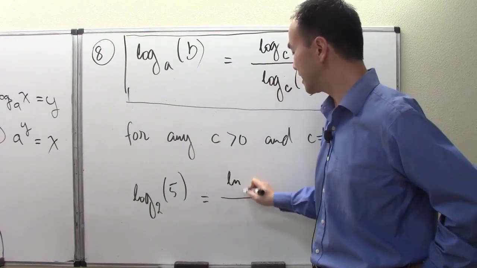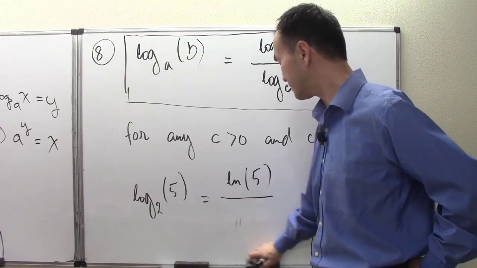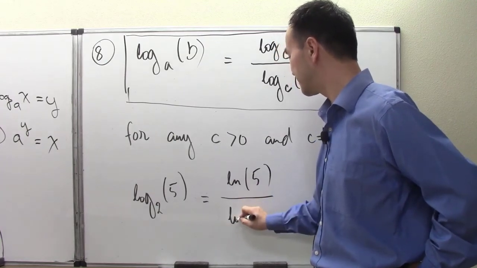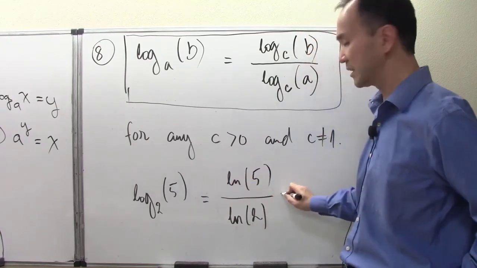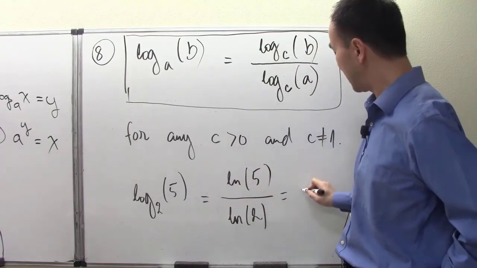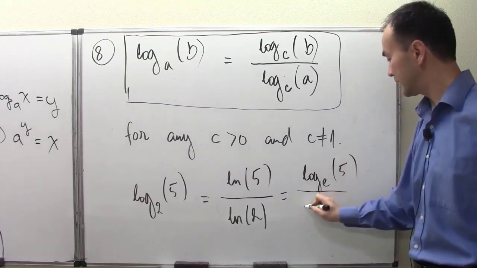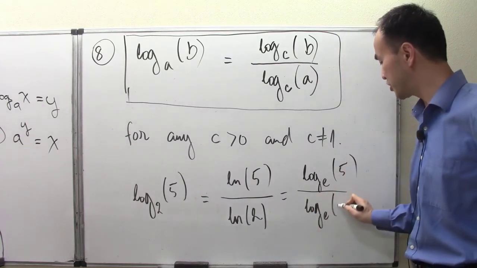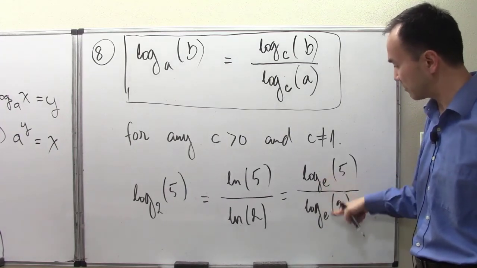So on the calculator, I was doing ln of 5 and ln of 2. The truth behind the scenes is that ln of 5, we learned, is log base e of 5, and then log base e of 2 goes in the denominator. So this is playing the role of that c right here.